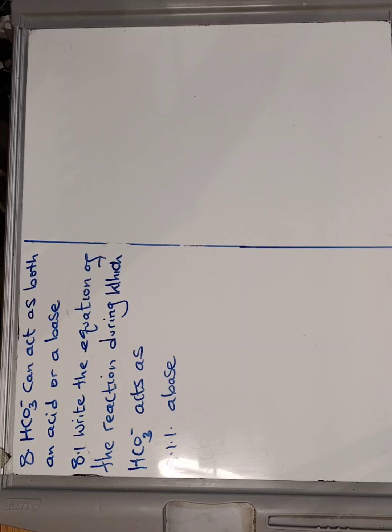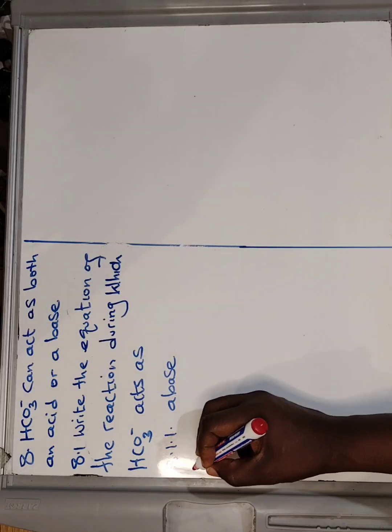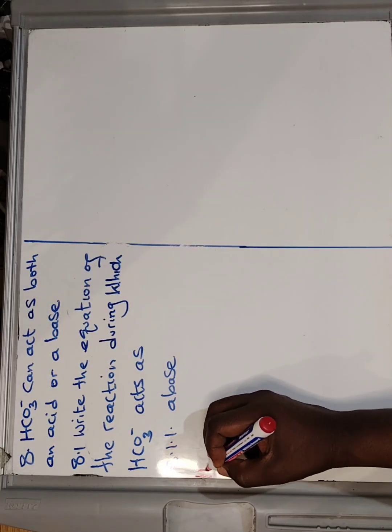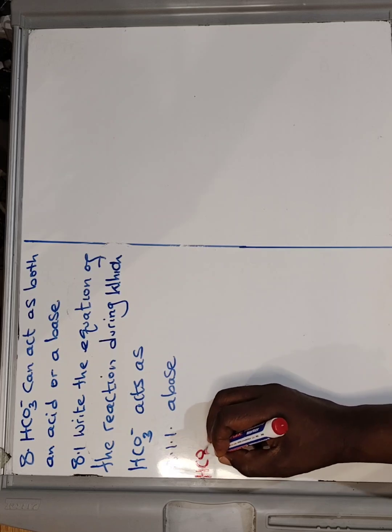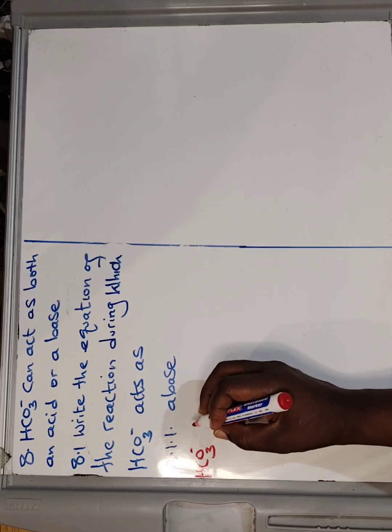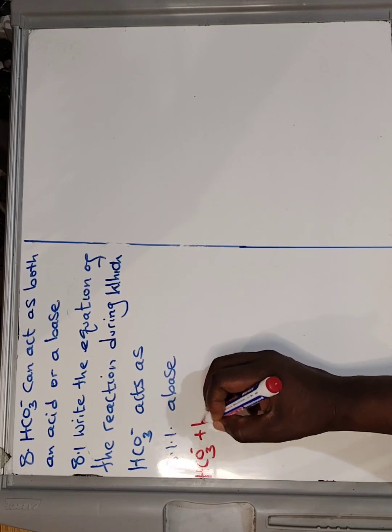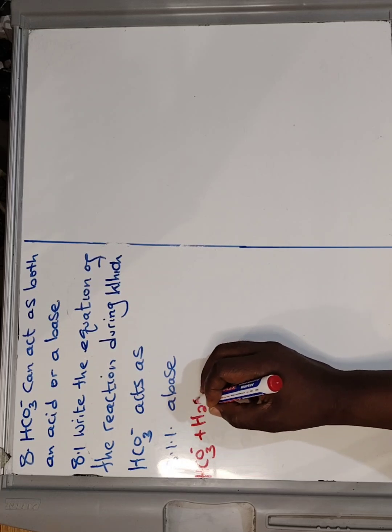What does it say? Lowry-Bronsted says that a base is a proton acceptor and an acid is a proton donor. So in this case, what do we have? We have our bicarbonate reacting with the water.